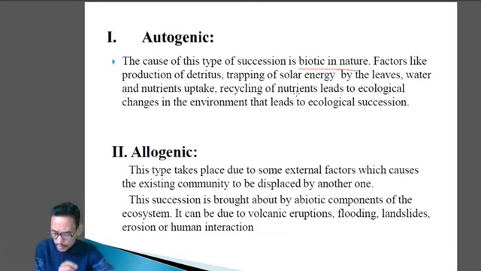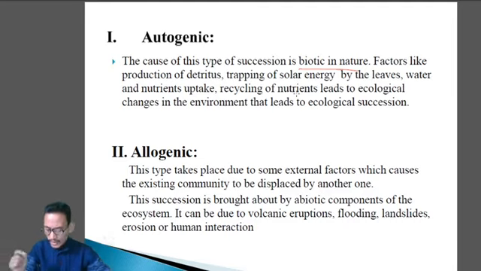In allogenic succession, a community replaces another community due to forces other than the effects of the communities on the environment. One more time, in allogenic succession, a community replaces another community due to forces other than the effects of the communities on the environment.